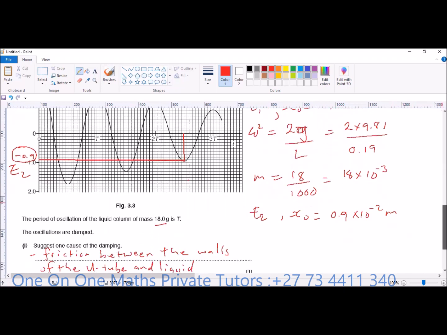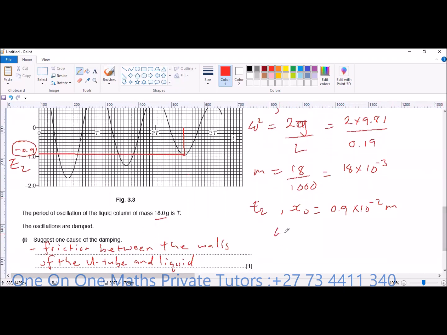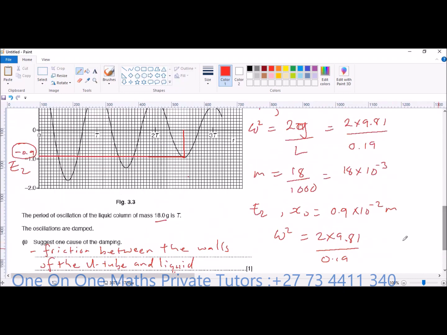Omega squared, the period is the same throughout, so it's the same. So omega squared is 2 times 9.81 over 0.19. M, the mass, is 18 times 10 to the power minus 3, which is the same thing.